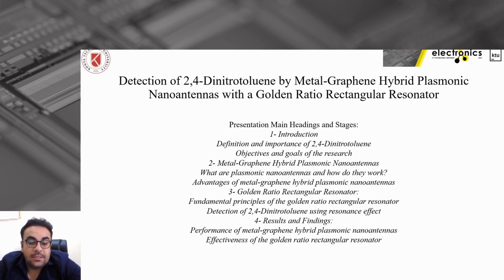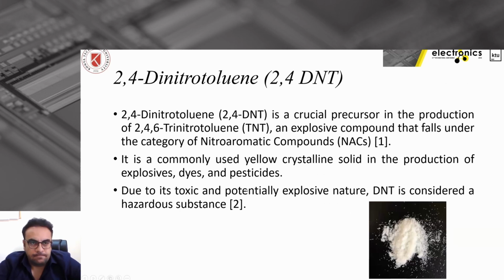I will explain the advantage we achieved by utilizing this hybrid structure. In the third step, I will elaborate on the golden ratio rectangular resonator used in the plasmonic structure. Lastly, I will discuss the results we obtained.